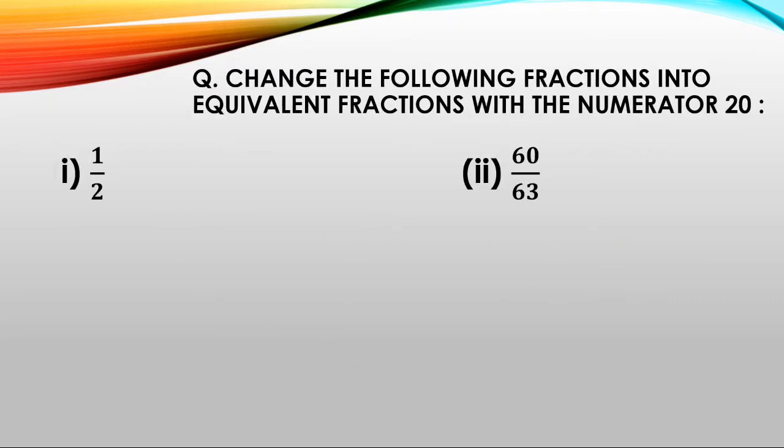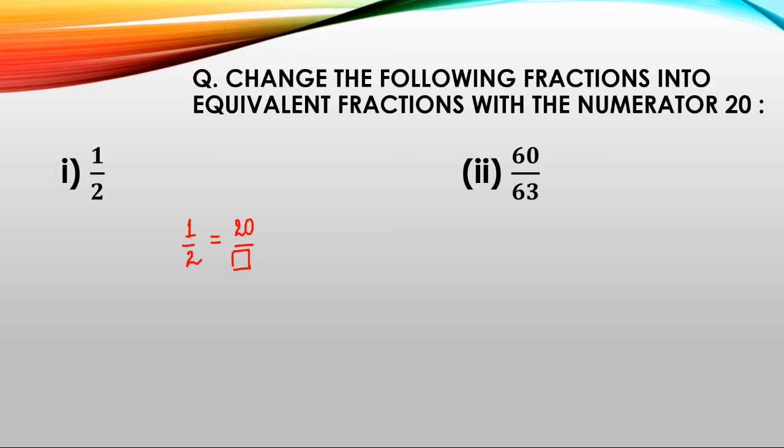If the question is to change the following fractions into equivalent fractions with numerator 20, the given fraction is 1/2. We have to change this fraction into its equivalent fraction where the numerator is 20. That means we have to find the denominator of this equivalent fraction.